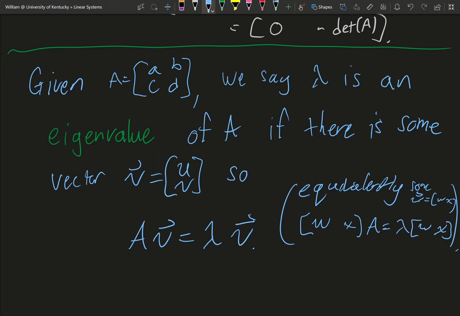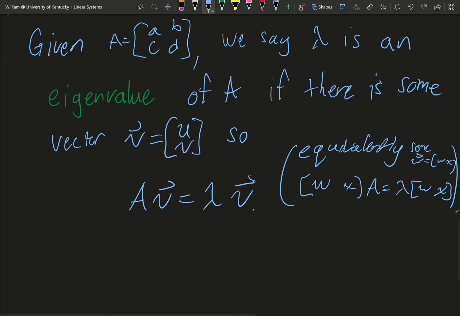If there's some vector like this where this happens, there's always some opposite vector, some row vector, where that happens as well.